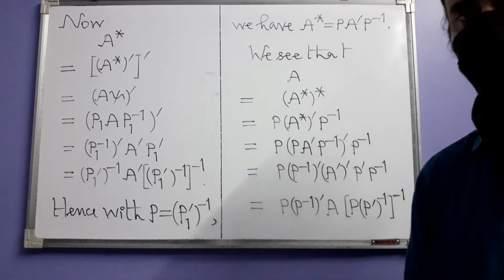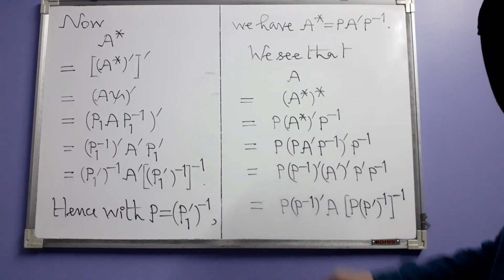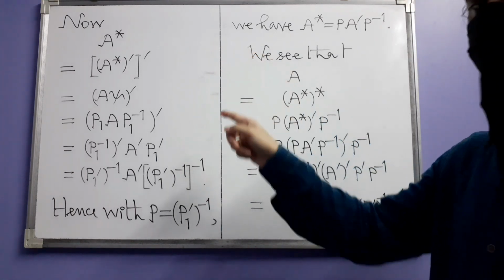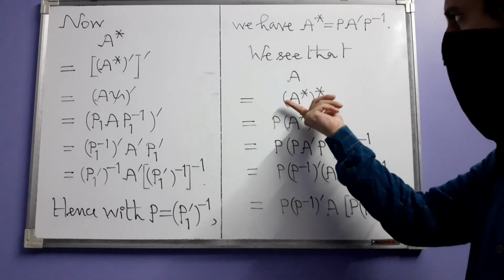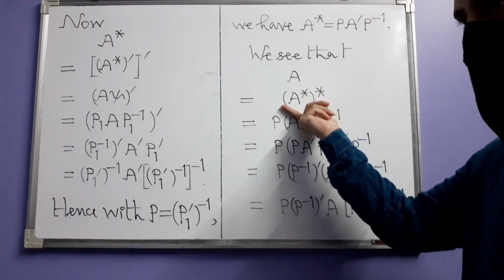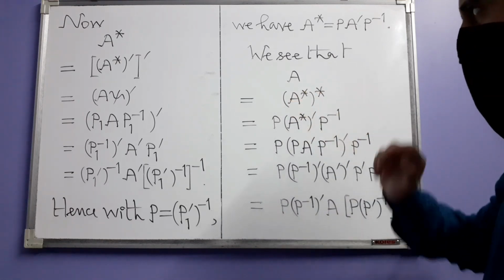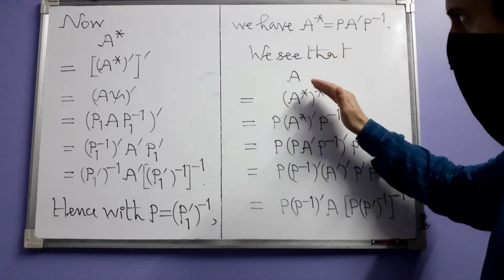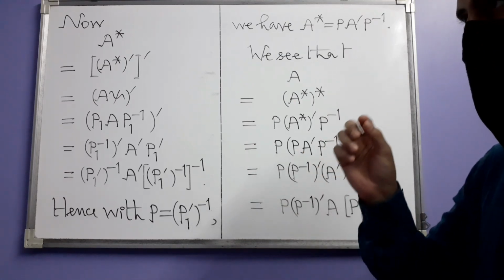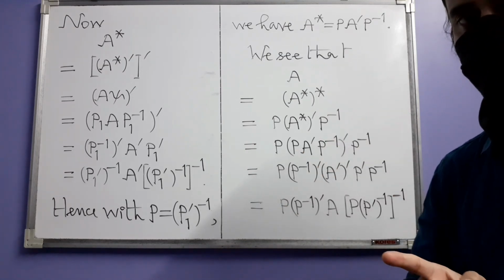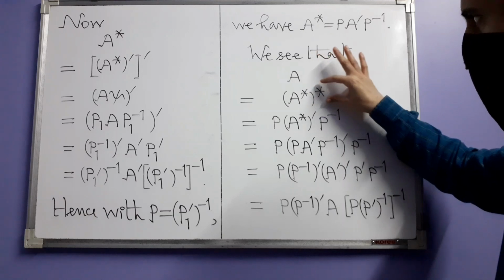Next, let us see another calculation. This time we do not start with adjoint of A but with A itself, and we use this fact. If you go back and see the definition of general adjoint, there this condition that A equals the adjoint of its adjoint is one of the conditions in that definition. So that's how we have this.